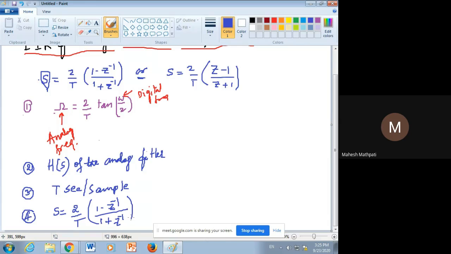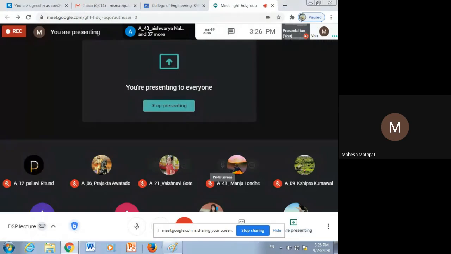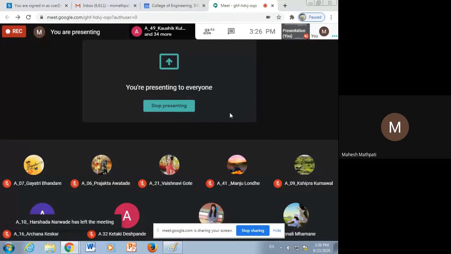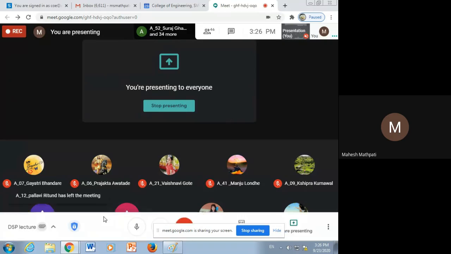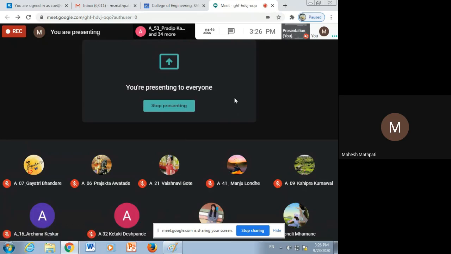Noted the steps? Can anyone read it? Who will read the steps? Archana Keskar, roll number 16.